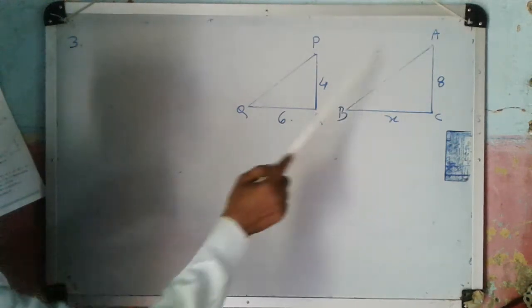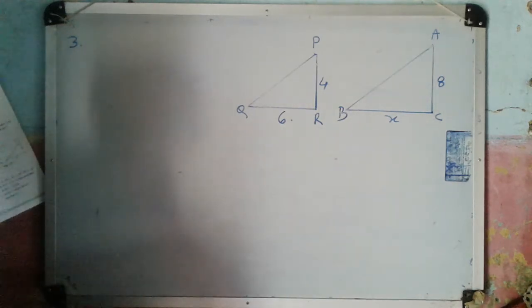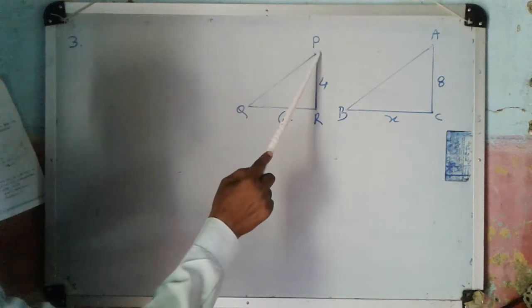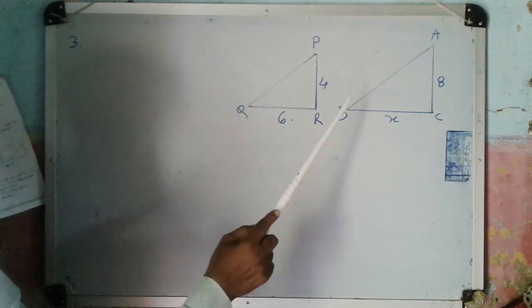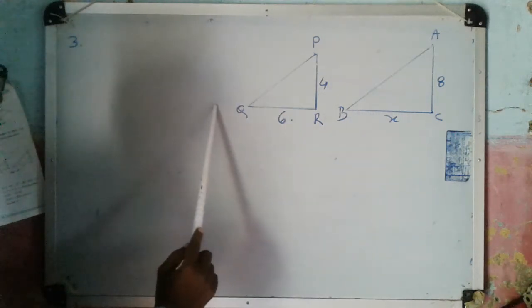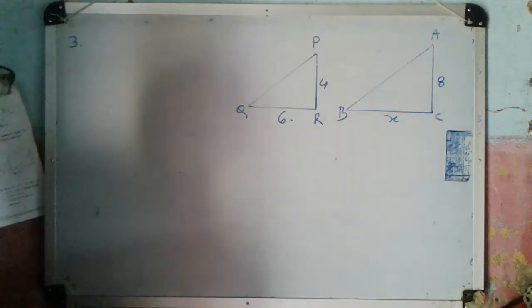AC and PR are two poles. The height of pole AC is 8 meters and the height of pole PR is 4 meters. Both the poles are perpendicular to the ground. Suppose this is the ground.